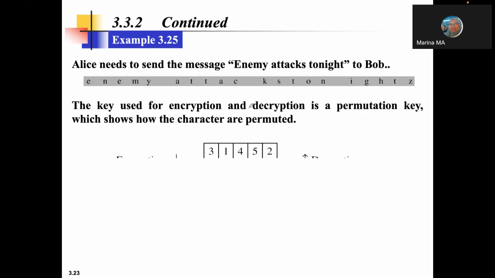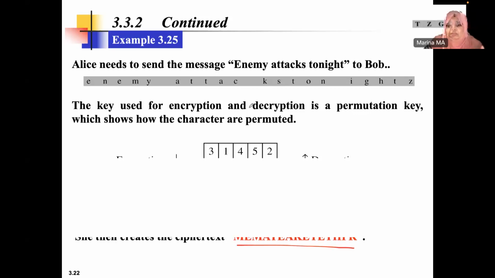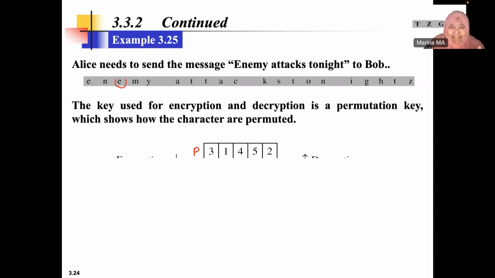Okay, look. The third position in plain text, what is the third position in the plain text? It becomes the first position in the ciphertext. Look, it becomes the first position. Okay, try the second one. I use a pen color. So the second one becomes the second position.